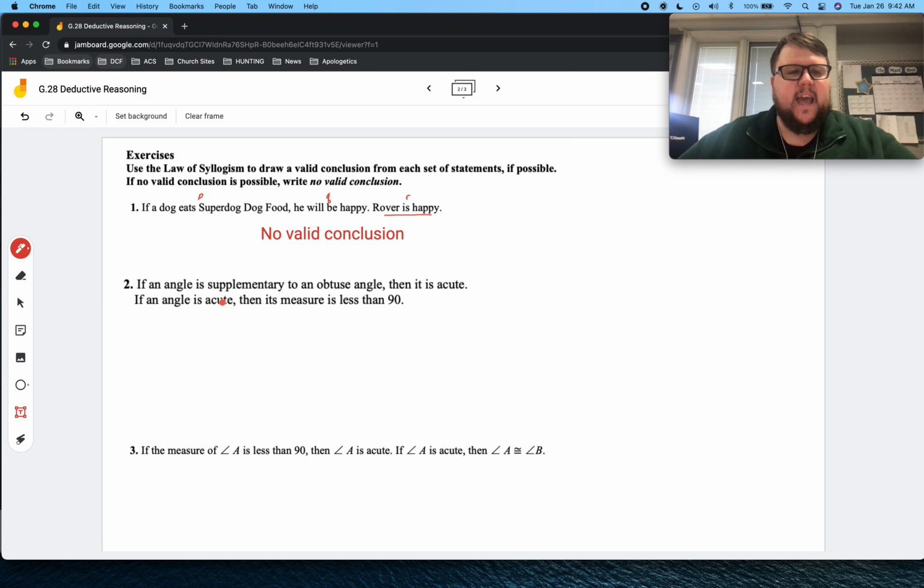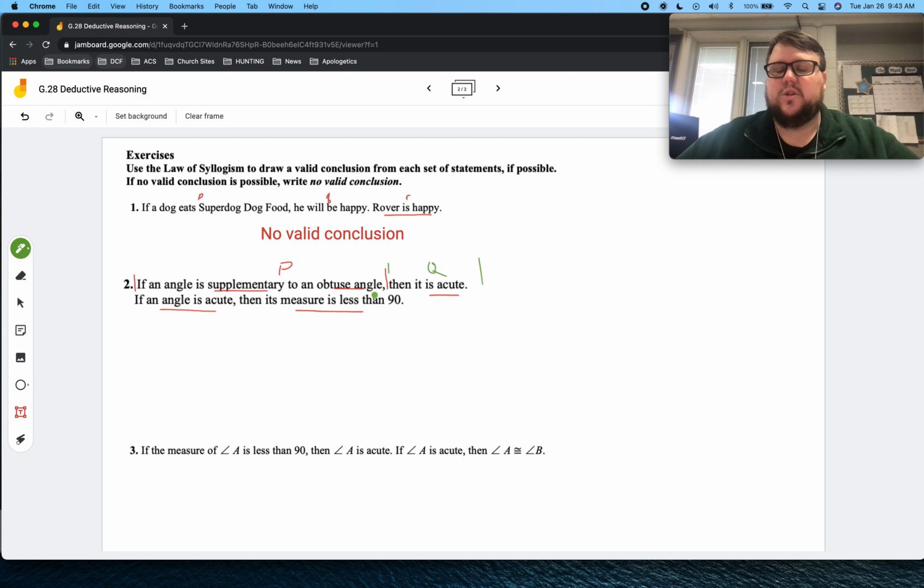If an angle is supplementary to an obtuse angle, then it is acute. If an angle is acute, then its measure is less than 90 degrees. So our P is, if an angle is supplementary to an obtuse angle. Q is it's an acute angle, right?